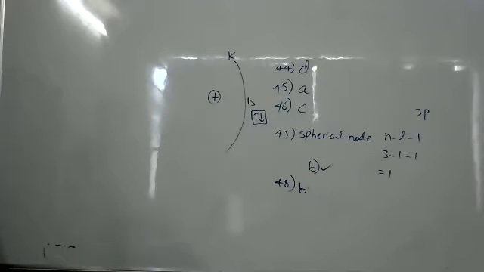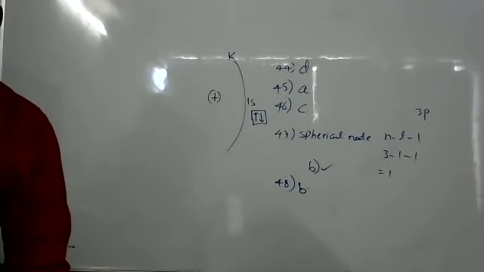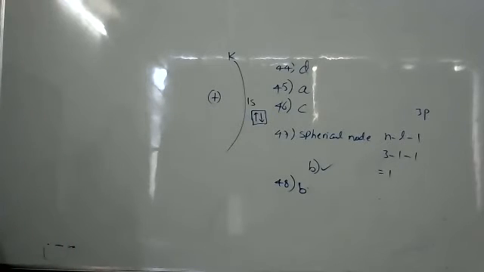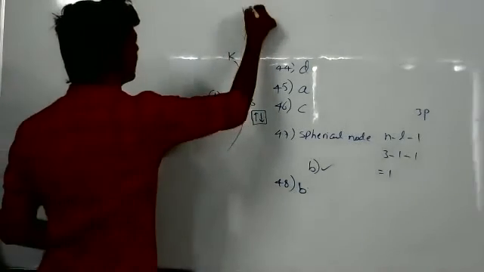Next, 49. Kshiraj, read question number 49. The number of orbitals associated with the third shell will be? How many orbitals exist in the third shell?